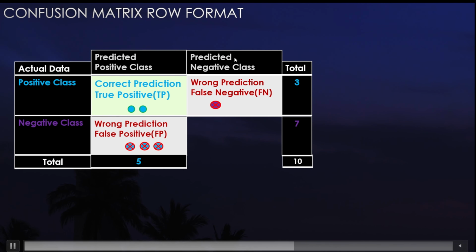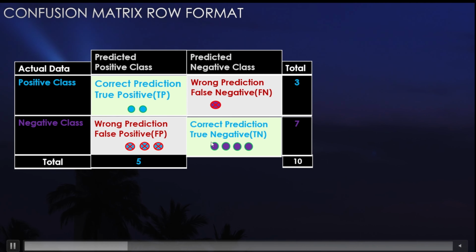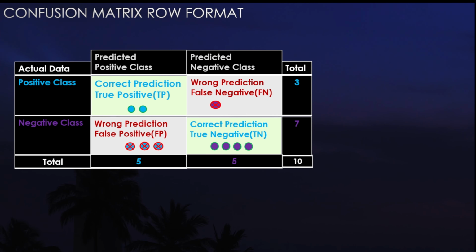You asked the model to predict the negative class, but one of the positive class has been predicted as negative, and that is how it is a false negative. The remaining ones have been predicted as the negative class, which is true, so that also totals up to 5. You can see how the model has been confused in terms of these two values, where you have errors in model prediction, and that's the source of confusion for the model.